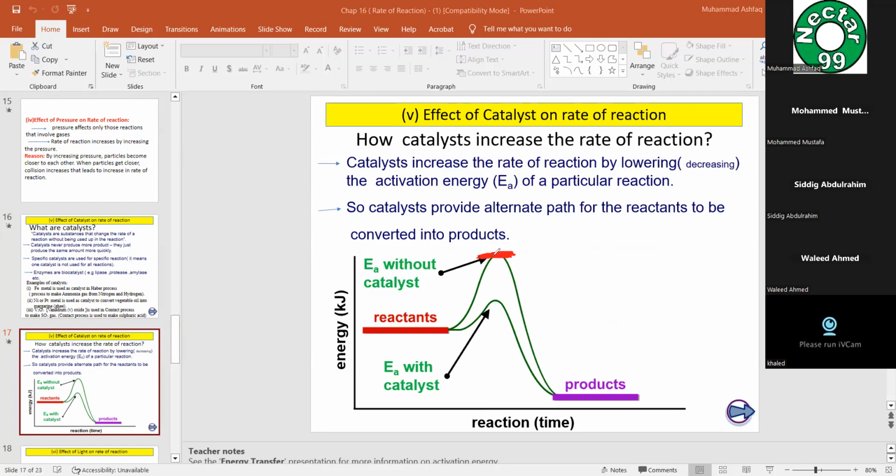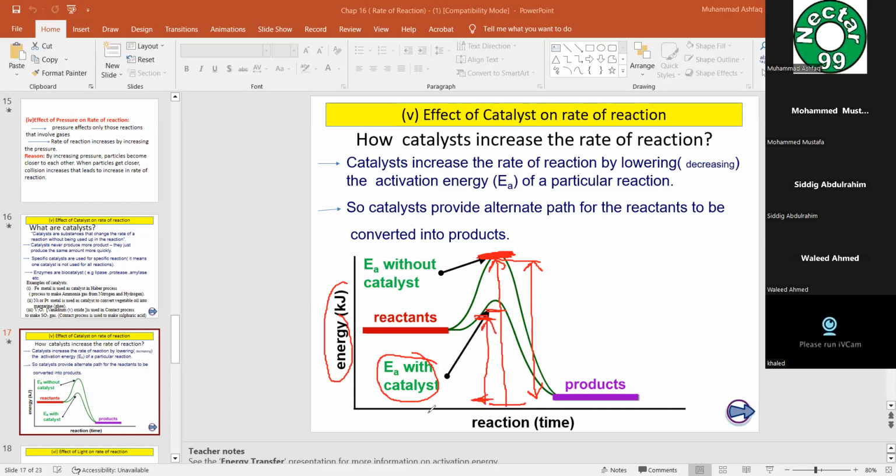This is called the activation energy. Without a catalyst, the reactants first need this amount of energy. So you can see from here to here how much energy they need. But when you add a catalyst, the amount of energy is reduced to here. So this is the activation energy.